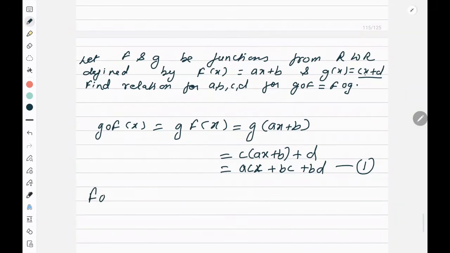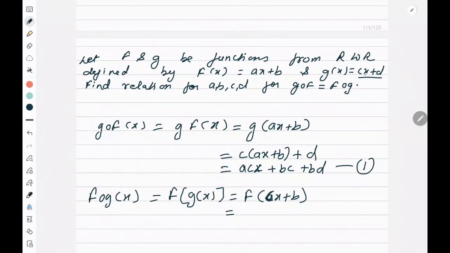Now let me find out the value of FOG. So f of g of x, right? So f of g of x is what? f of cx plus d. Now apply the definition of f: in place of x I should put cx plus d, since g of x is cx plus d.